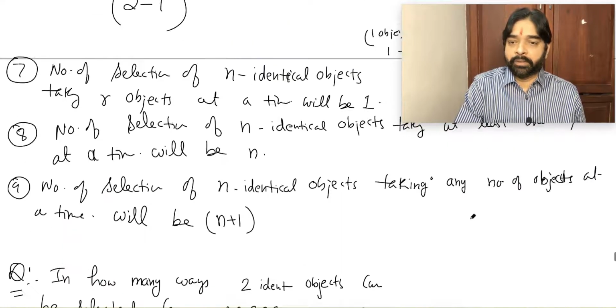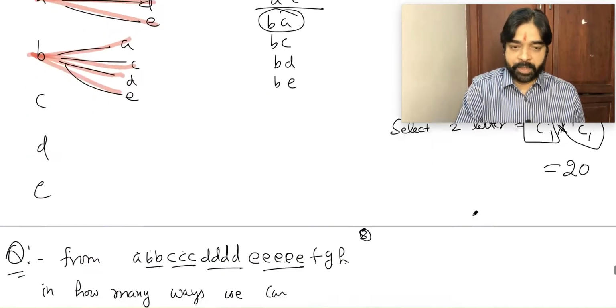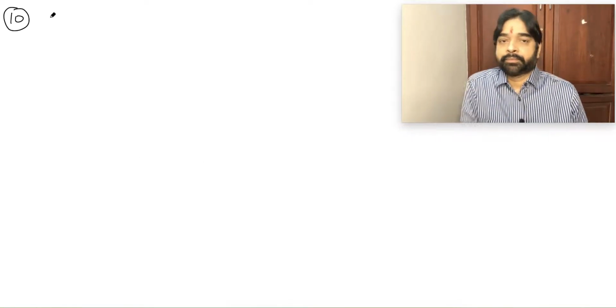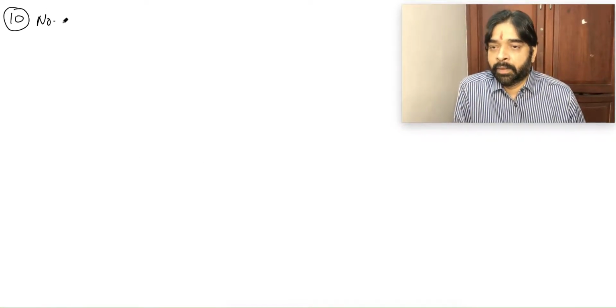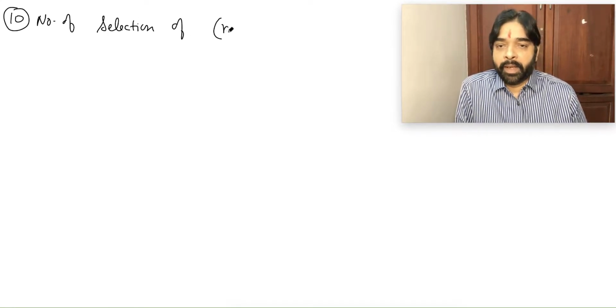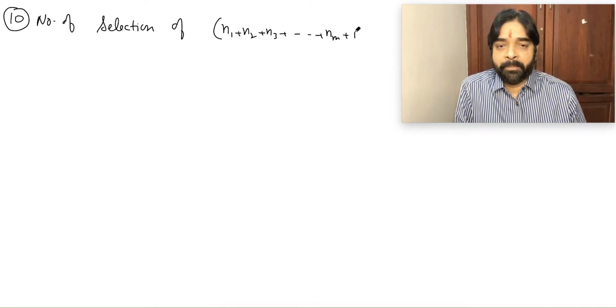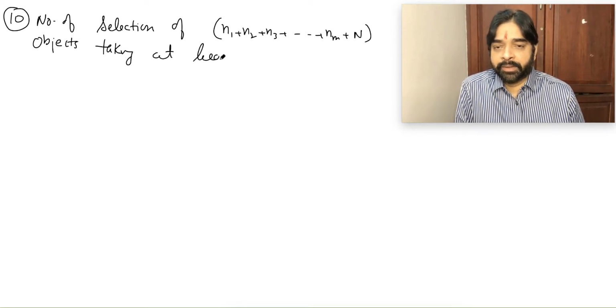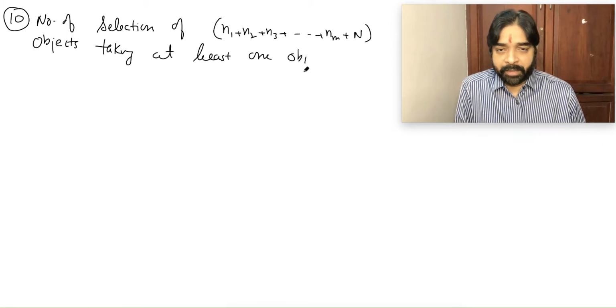Now coming to the next point. 9 points we did. 10th one: number of selections of n1 plus n2 plus n3 plus so on till nm plus capital N objects, taking at least one object at a time.